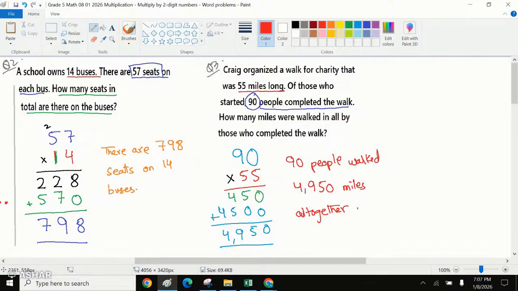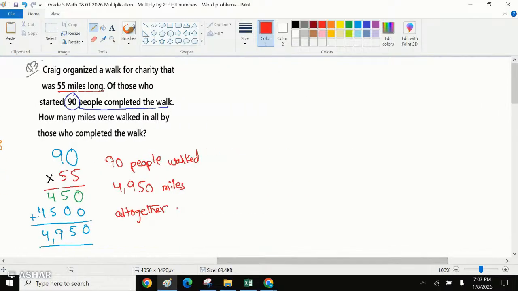That means combined, they walked this particular distance. I'll just verify 90 times 55 is 4950. Sometimes it's better to do the manual working, and in the end use a calculator to verify, because we are humans and we can make mistakes. So here we are trying to learn ways in which we will not make mistakes.